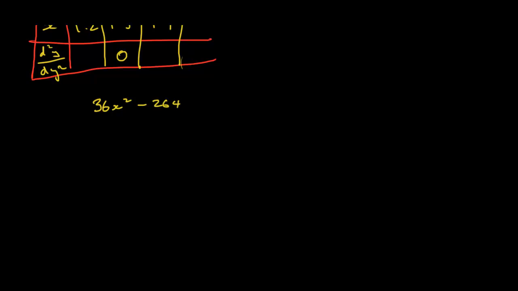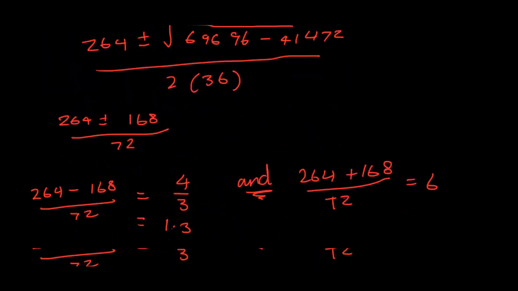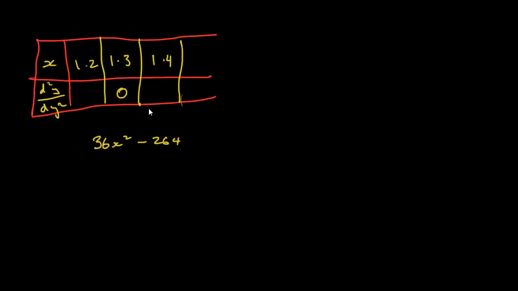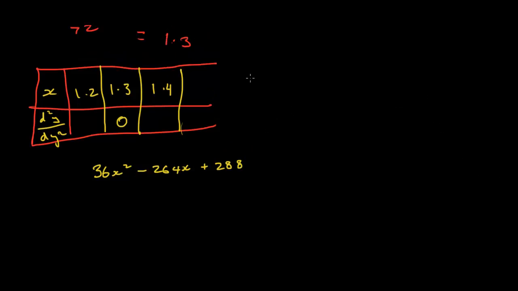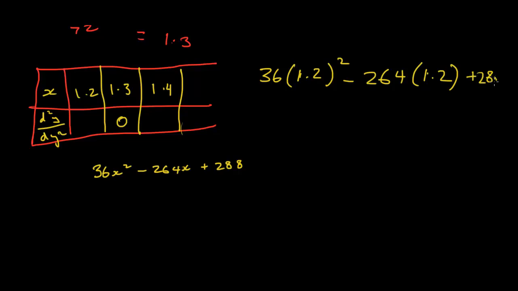So now we can just sub all these in. So 36 times 1.2 squared minus 264 times 1.2 plus 288.